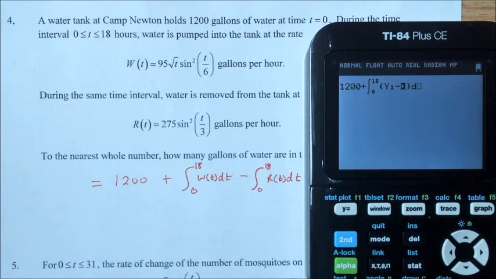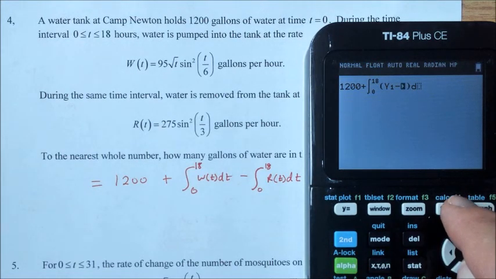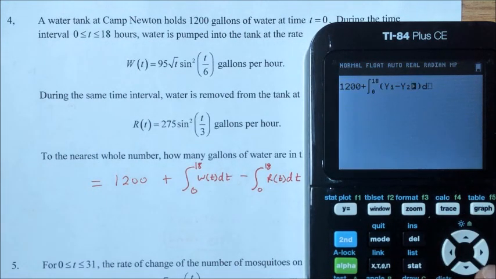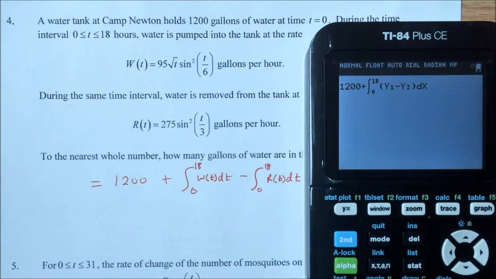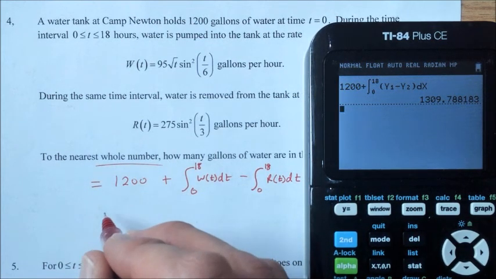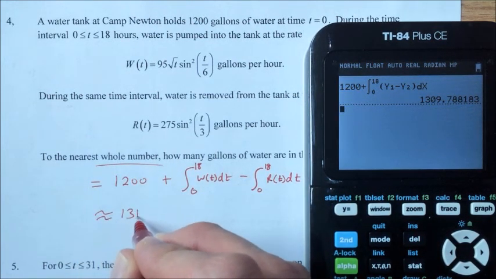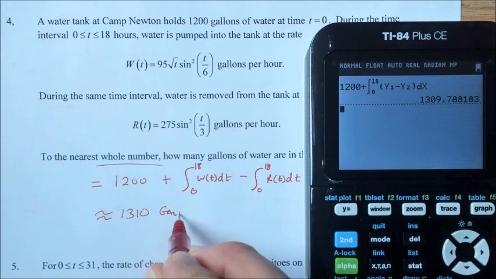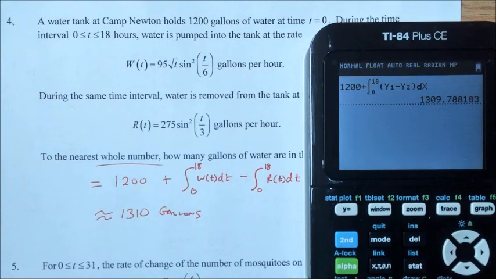We could do this as two integrals, but we'll just do it as one integral with subtraction in the integrand, and we need our dx, and we'll hit enter, and give it a second to think. And it's going to come back with 1,309 gallons to the nearest whole number, so we can round that up to 1,310 gallons. And we have our solution.